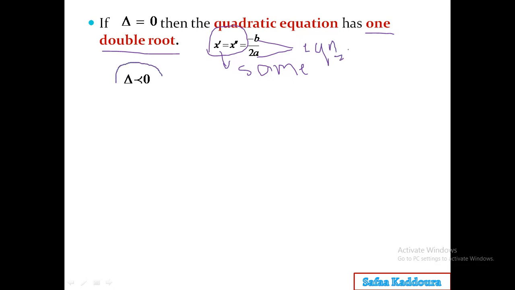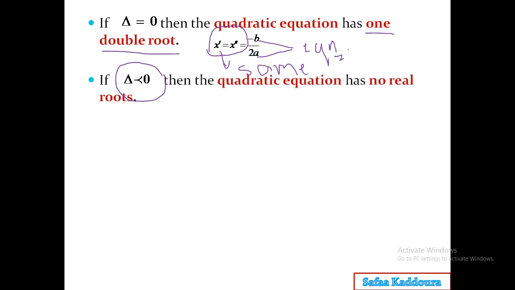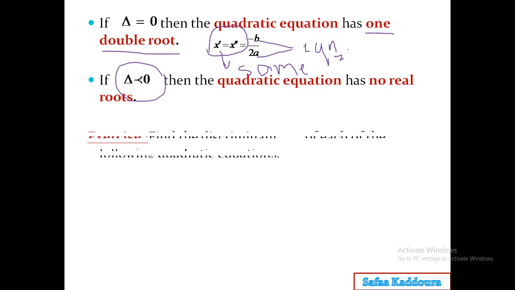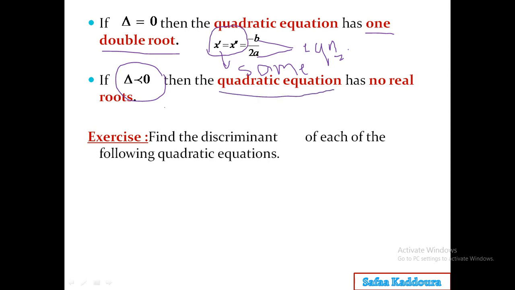Now if delta has a negative value, or we say delta less than 0, it is the impossible solution, or we say the quadratic equation has no real root. It is the same as impossible.